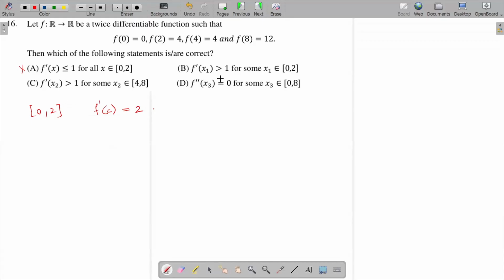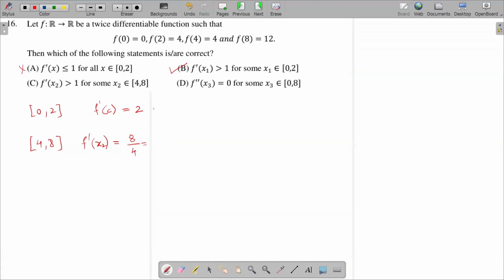Then let's look at B. Yeah, in fact, B is true. Just now we got it. So B is at least true. Okay, C, let's see. 12 minus 4. So over 4 to 8, what will happen is f dash of x is 12 minus 4 is 8, and 8 minus 4 is 4.